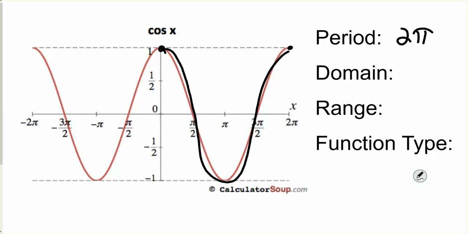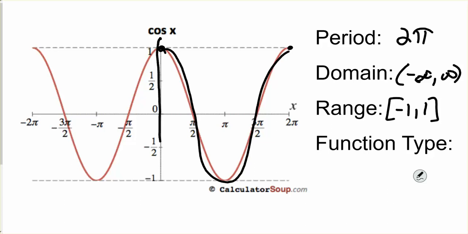If you look at its domain, it is the same as the sine, and it should be because you told me it goes from negative infinity to infinity. And the range is -1 to 1. And these are all the same thing because you told me in class that it was just a translation of sine. And the function type, you can clearly see it. I can fold it along here. And if this guy went over to the other side, so this is an even function.